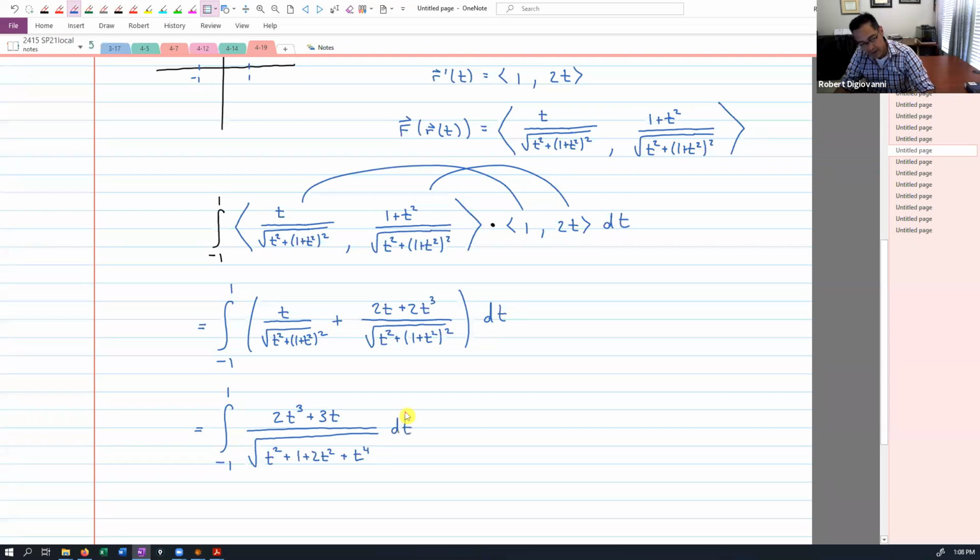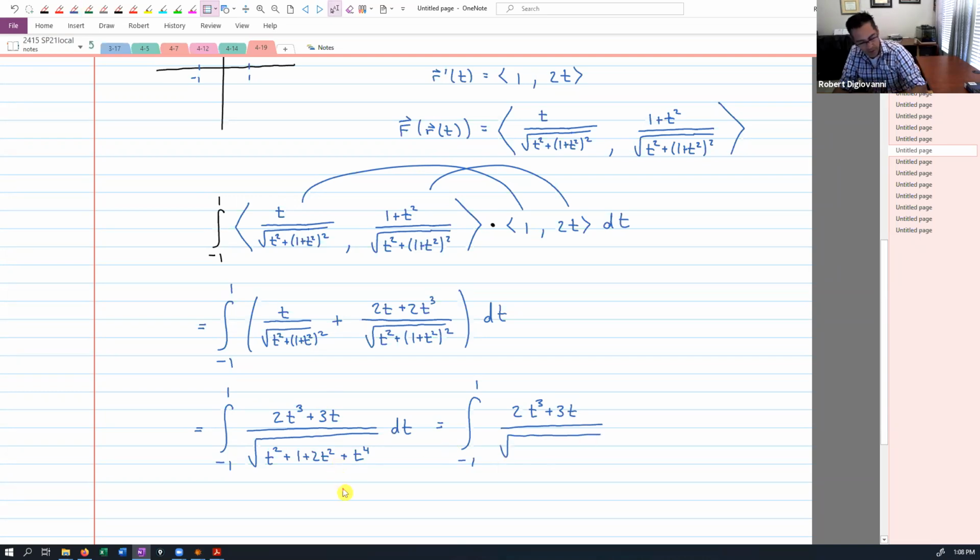I went ahead and expanded out the 1 plus t squared squared, because I'm going to collect things together there, and I'm hoping that I have a basic U substitution here. Maybe not, but we'll see.